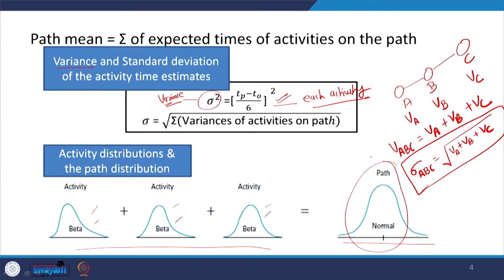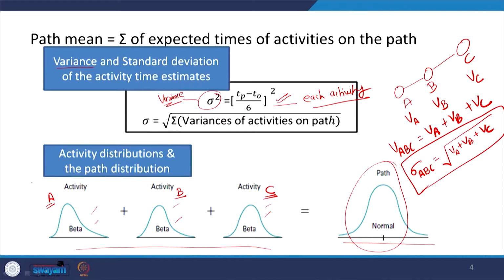The point is that this is activity A, this is activity B, and this is activity C. The variances of activity A, B and C we have calculated, like this is sigma A square, sigma B square, sigma C square. These are the variances of different activities as I have just mentioned here.